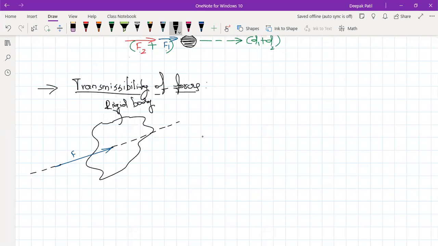This dotted line is actually called the line of action of force. Now let this point where the force is being applied be point A, right?